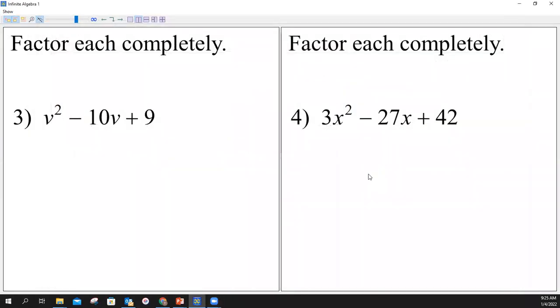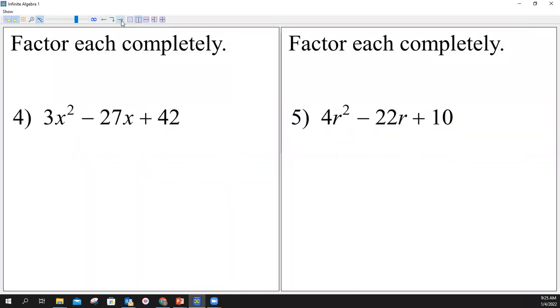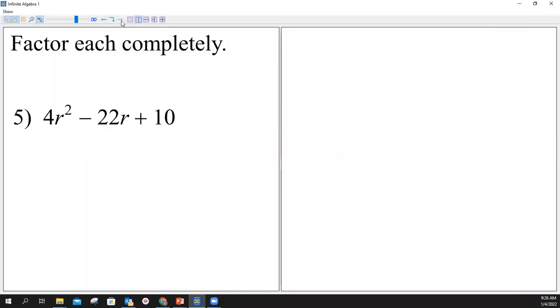Okay, so take a moment and copy down our final question for today, question number 5.